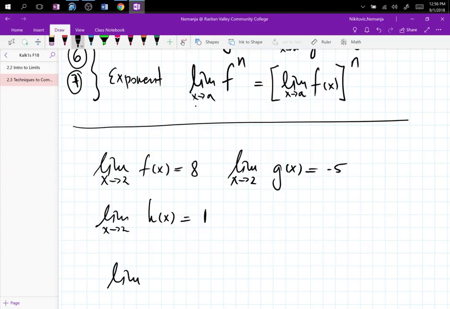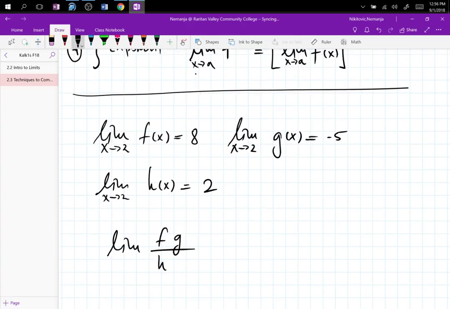Find the limit of... h is 1, bad, that's bad. Let's go with 2. So find the limit of f times g divided by h squared as x goes to 2.